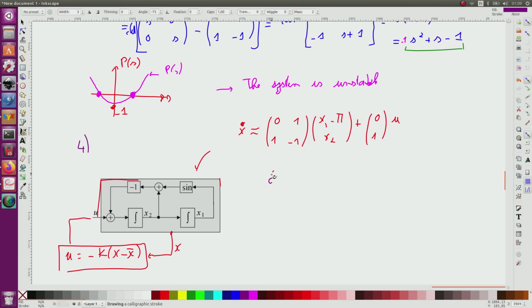For this, I solve the determinant of sI minus A plus Bk, and I want the roots equal to -1, so I take as polynomial s plus 1 squared, so the root will be -1. A is given by this, B is given by this.